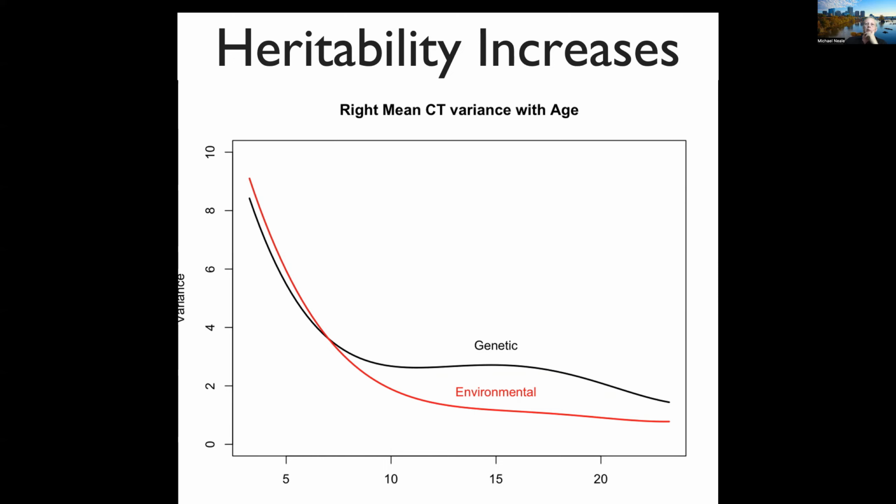So both genetic and environmental variability reduce, as does the mean over time for cortical thickness over this age period.